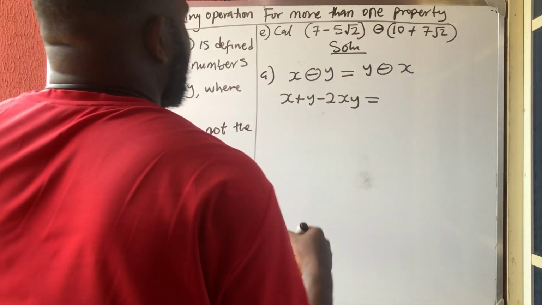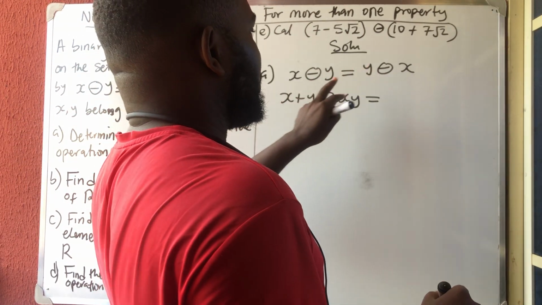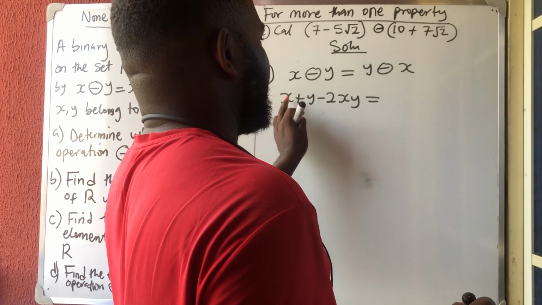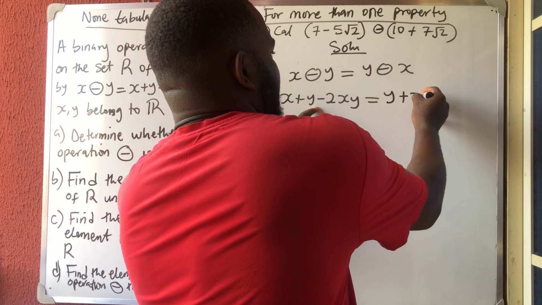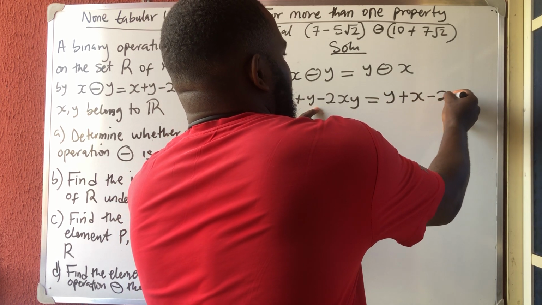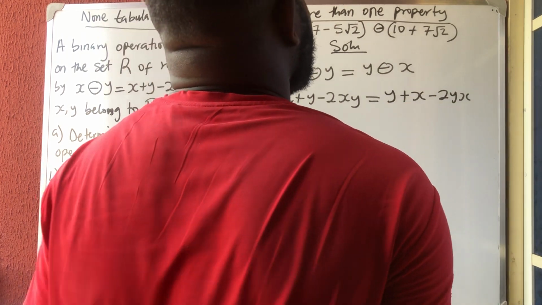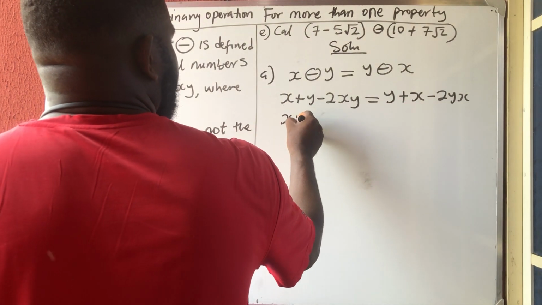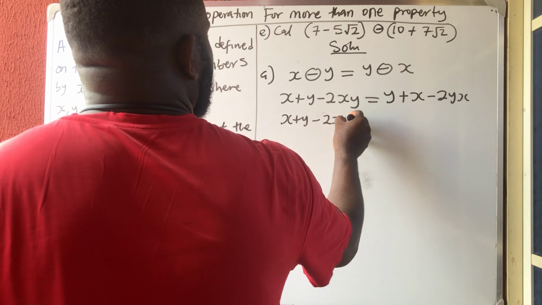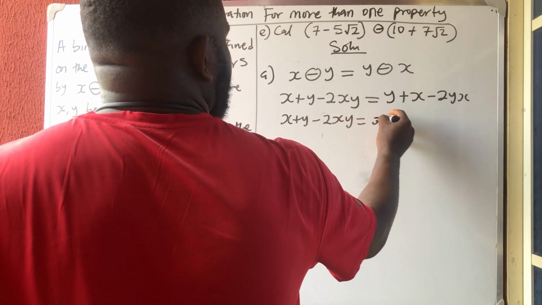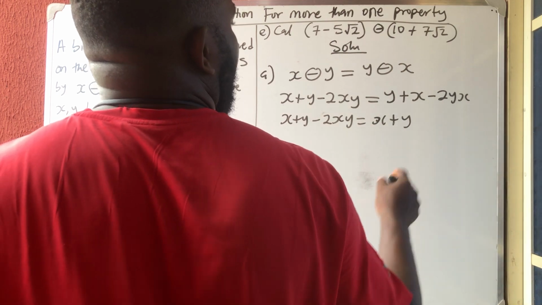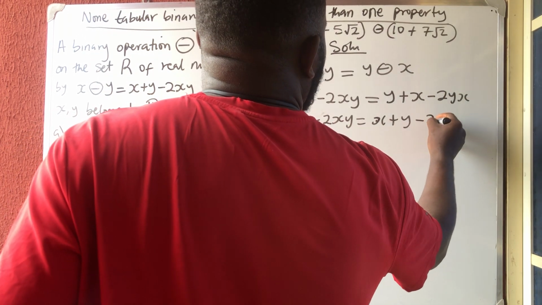We want to check if it is equal to y operating on x. Anywhere you see x, change it: this one will now be y plus x minus 2yx. Now, are they the same thing? Let us check. x plus y is the same as y plus x, they are the same thing. And yx is the same as xy, minus 2xy.